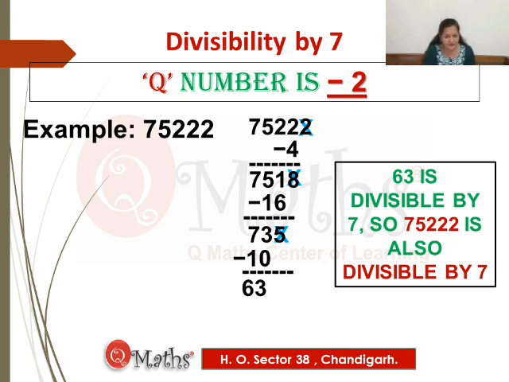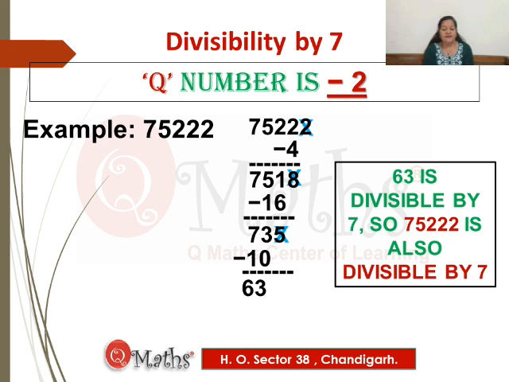So 751 minus 16, it comes 735. So 5 into minus 2 again is equal to minus 10. So 73 minus 10 is equal to 63. And 63 is divisible by 7. So it means 75,222 is also divisible by 7.